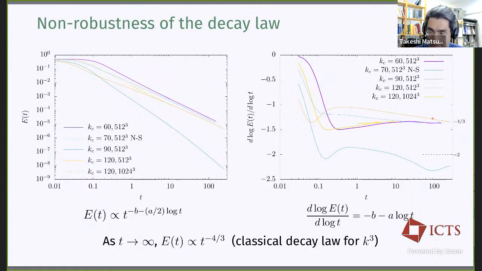But the important observation is that all these logarithmic local slopes get close to some constant, -4/3. So -4/3 is a classical decaying exponent for the K3 initial spectrum. For the Navier-Stokes case, the deviation is quite large, but I will explain it in a minute.